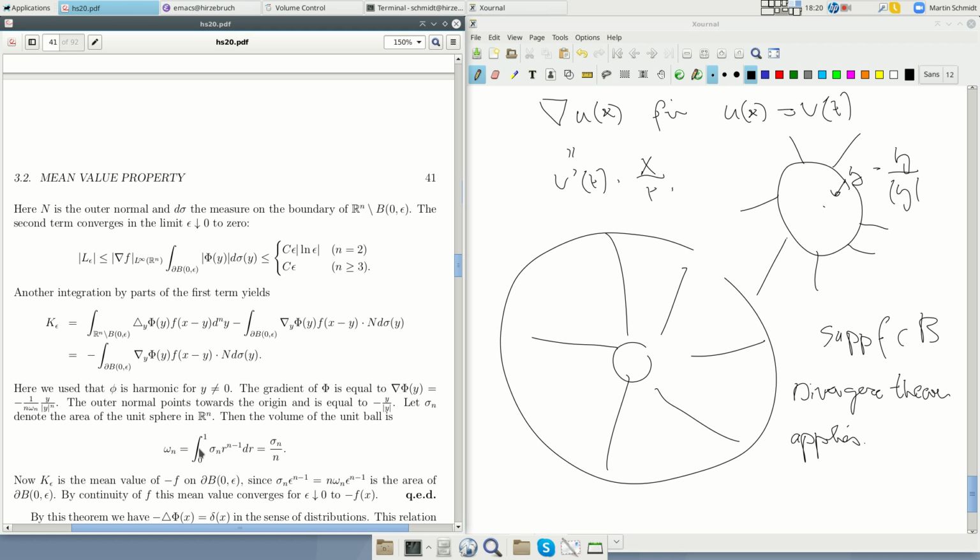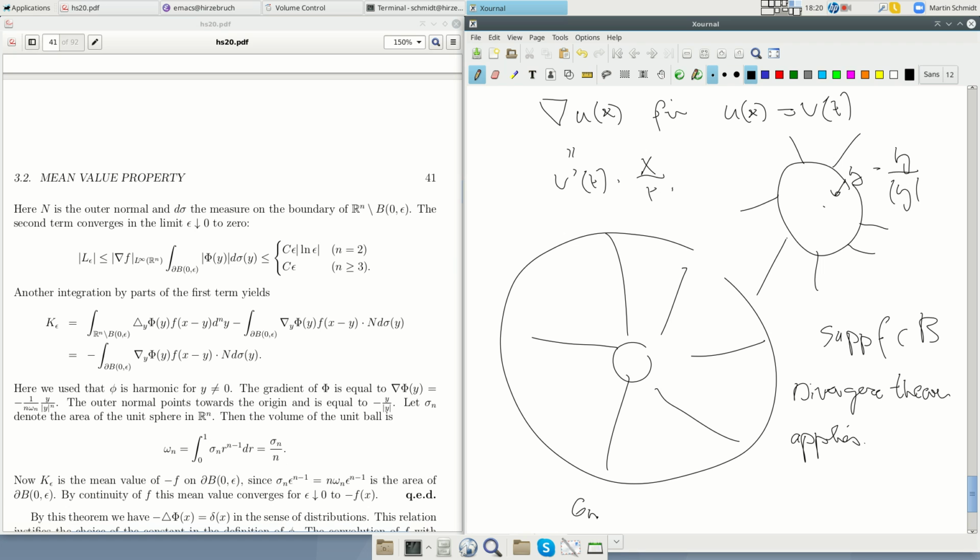By polar coordinates, if we calculate the volume of the unit ball, it's sigma n times r to the power of n minus 1 dr. And if we integrate this from 0 to 1, we get this. So sigma n, the volume, is just n times omega n.